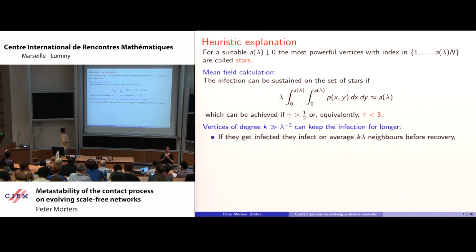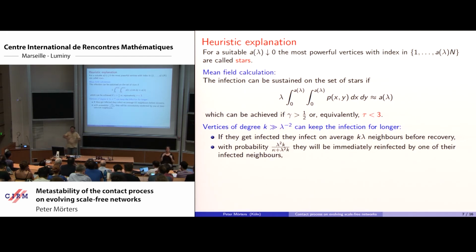And when they now recover, they're connected to a lot of infected ones, so it's very likely that they get reinfected instantly, right? In fact, there are lambda times k infected neighbors, clocks with rate lambda that want to reinfect, and there's just one chance to get out, and that's if you update. Because when you update, you leave the room and you're no longer exposed to all these infected people.